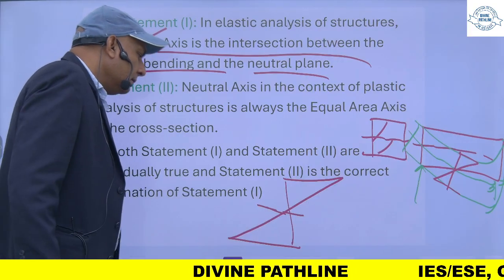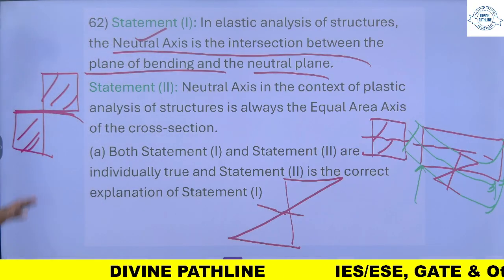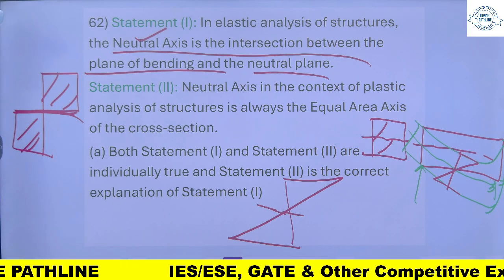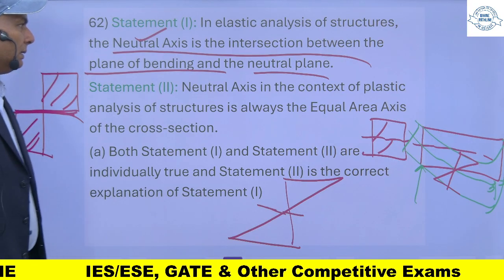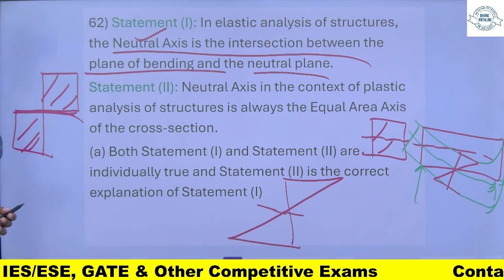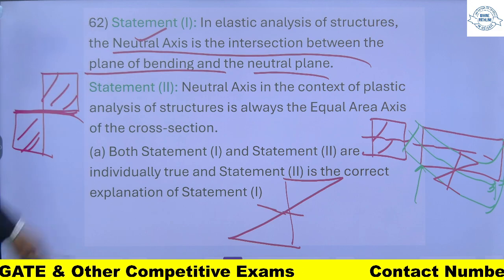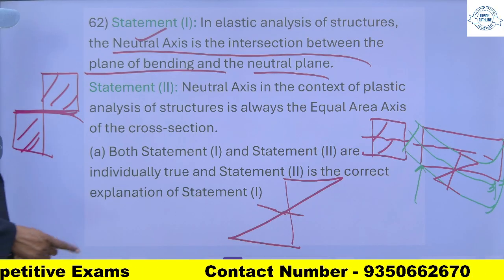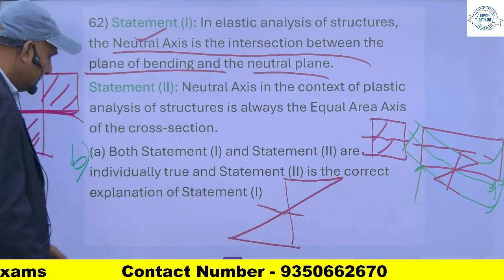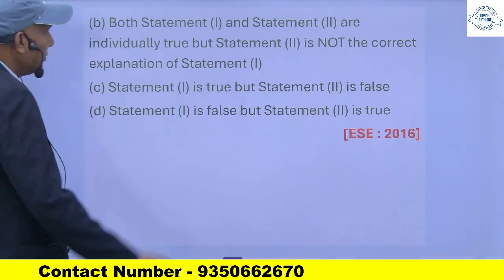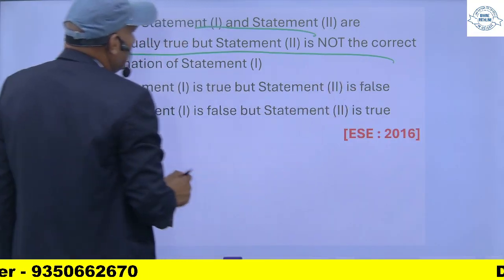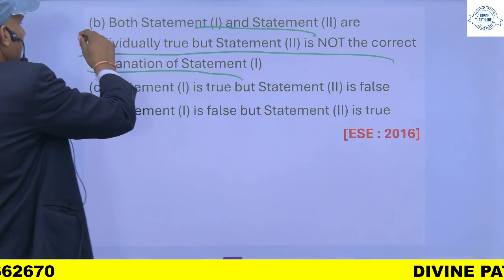So this is the neutral axis in elastic, and in plastic it will be like this. So both are individually true, but the second is not the correct explanation of the first. So the option will be B.